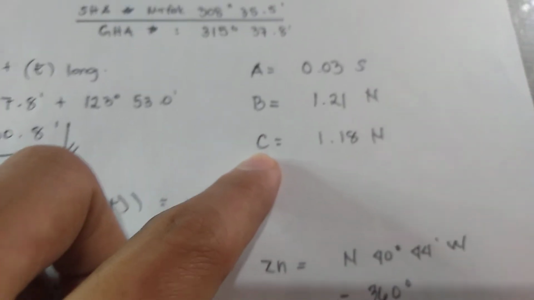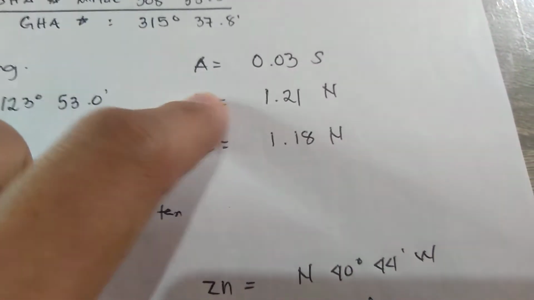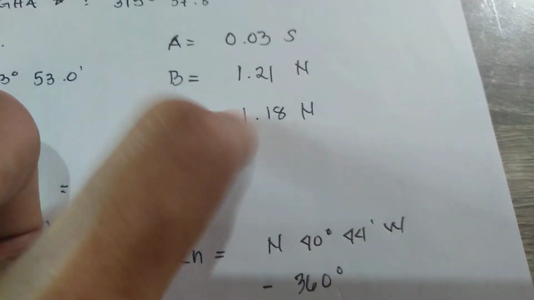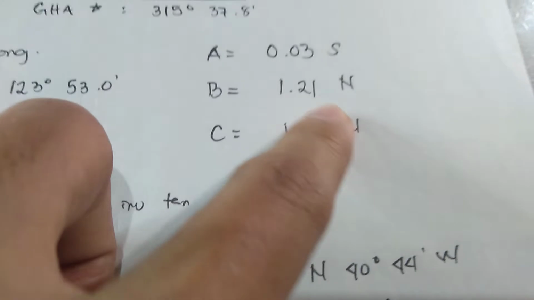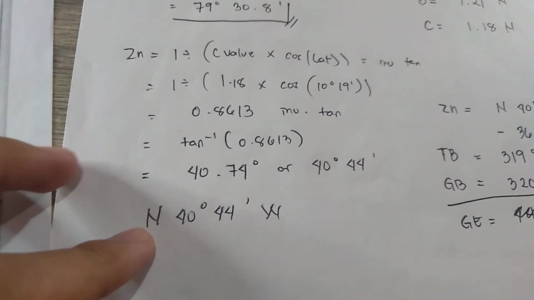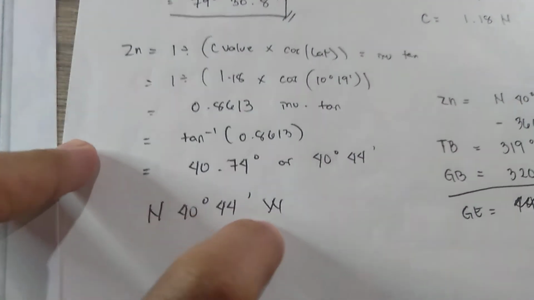Okay? And for the C, we're going to subtract A and B, since B is greater than A. That is 1.80 north, and we're using north because B is greater than A. So for the azimuth, we still use the formula, and now we're getting north 40 degrees 44 minutes west.